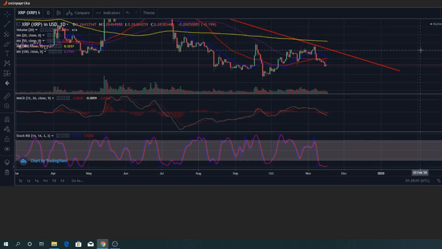At present we are getting a bit of bad news: the 100-day moving average has crossed down the 50-day moving average, and the 20 is coming down to cross the 50-day moving average. That's a bit of bad news. But on the positive side, the 50-day moving average has managed to cross the 100-day moving average, though the price hasn't reflected that yet.